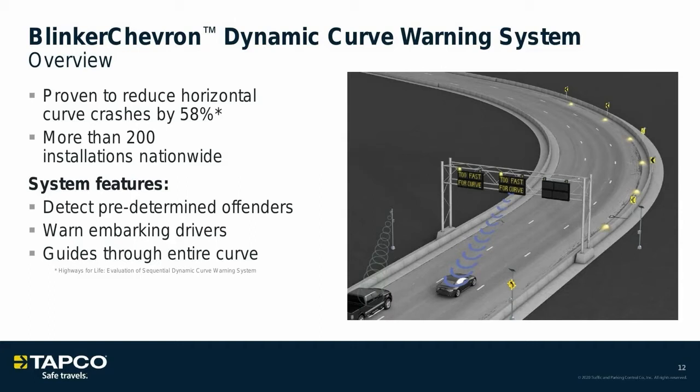For particular curves, if there are multiple lanes, we can use what you see on the screen as multi-lane radars. So we can tell that vehicle in that lane that they're going too fast, or we can detect the whole system as a whole based on radars that are facing in the direction of travel. When they get into the curve or attempt to approach it, we'll detect them and guide them through the curve, which leads me into my next slide of how we do that.